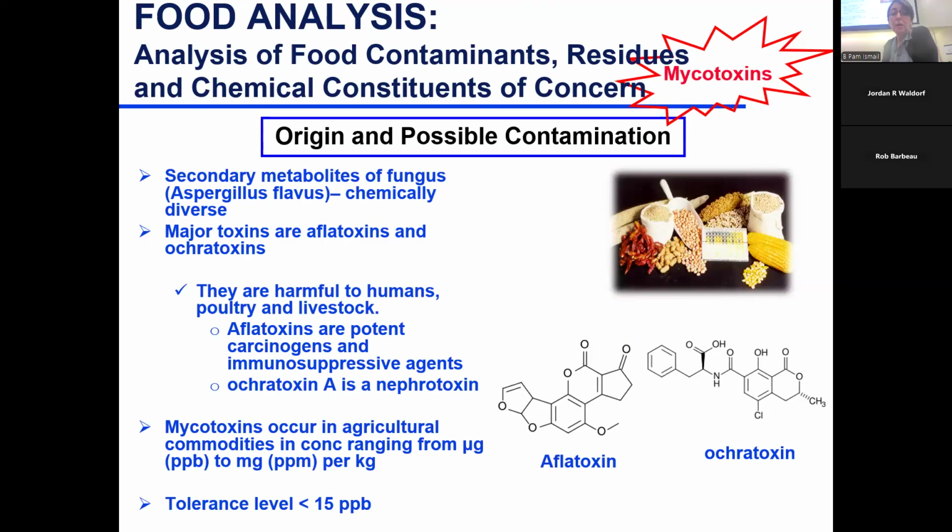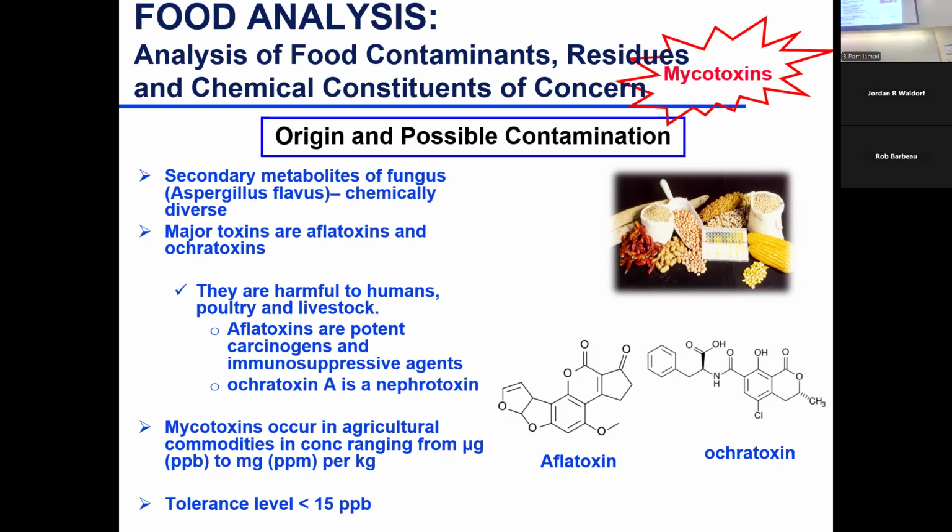The next one is mycotoxin, and these are categories coming from fungus, fungal growth. Many of them, you're not supposed to have anything in the food. So aflatoxin B, I believe, it's not on the slide, is a genotoxin.